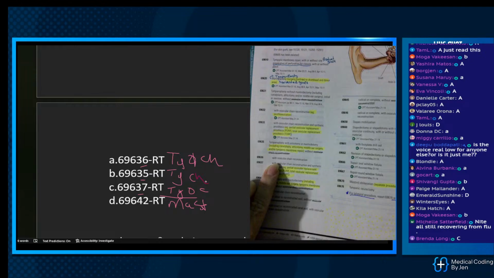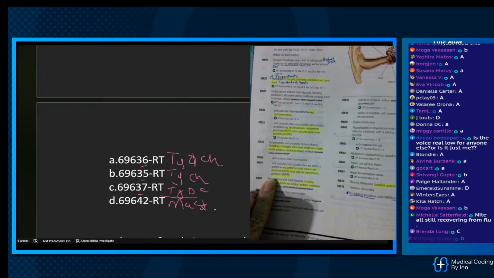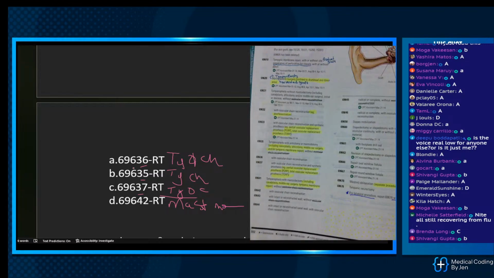And then this one is doing tympanic membrane repair. Okay. These two include the chain. This one does not include the chain. And that's the mastoid, is our differences. Let's see what our question is.